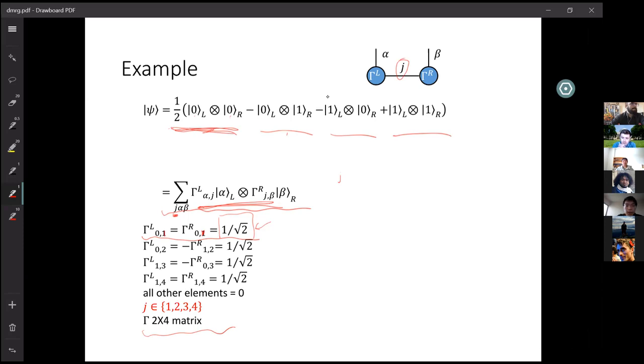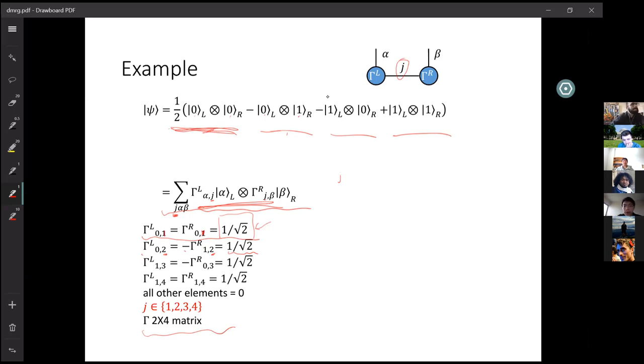Similarly for the second term, I will use J equals 2 to take care of it. Here I want alpha equals 0 and beta equals 1 to give me a wave function of minus 1/2. So I assign 1 over square root 2 and minus 1 over square root 2 to the two tensor elements, and all other elements are 0.